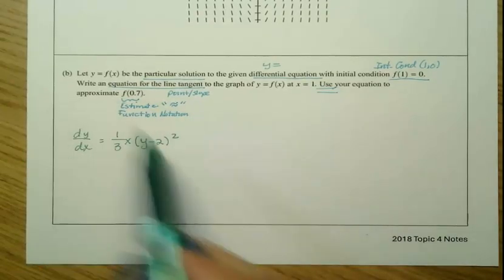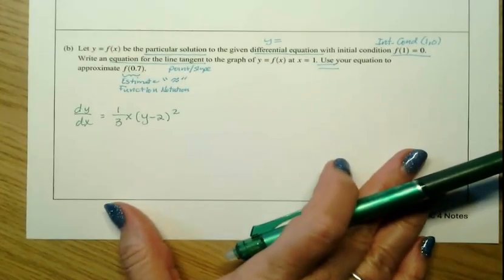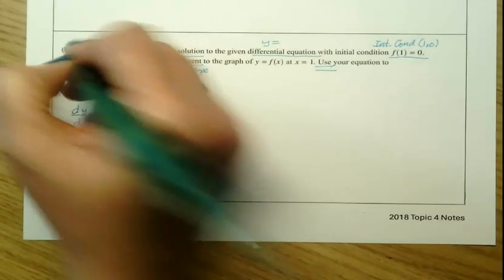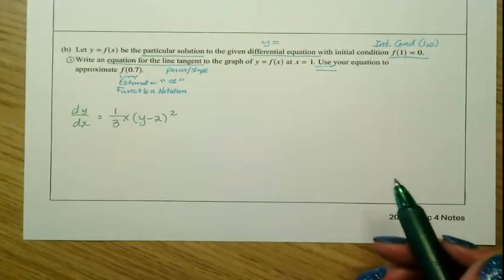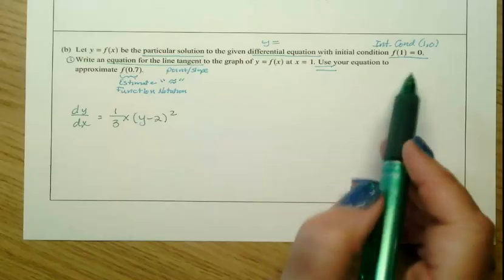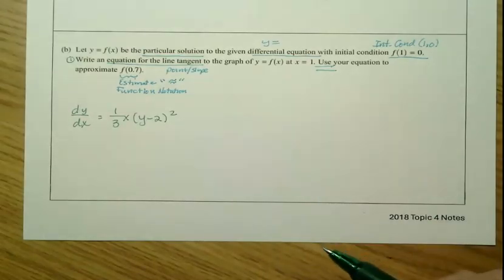Okay, so we're going to start with our differential equation. So this is what I was given up here in the very beginning, all the extra at the top, that was it. And so now we are going to find the slope. So the first thing I'm going to do is write the equation of a tangent line. In order to write the equation of a tangent line, I need a point and I need a slope. I have the point, I just need the slope.